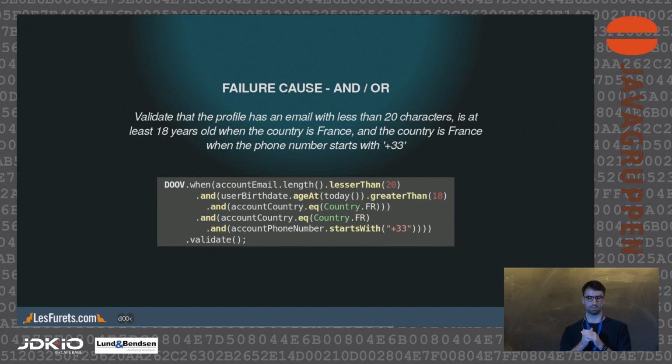I'm going to talk a bit about the failure cause. So here you have a rule which is written in English up there. We've written it in dOOv. It's not very well written, as you can see, because there's a repetition on the country equals France. Why we're showing that is just because it has no impact on the engine.